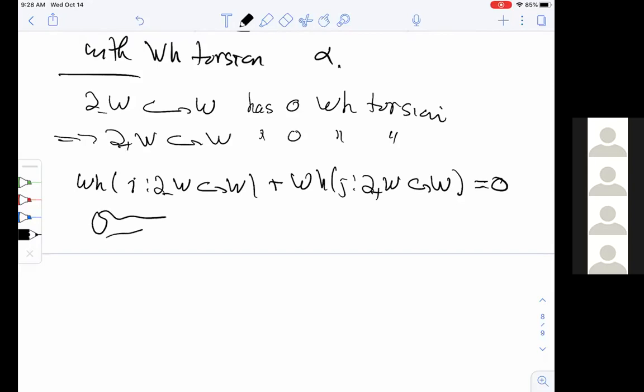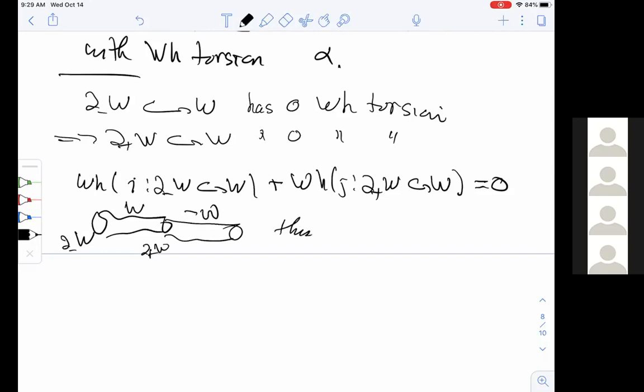You take any s-cobordism from W to W prime, boundary minus W to boundary plus W, you flip it over, and stick it onto itself.